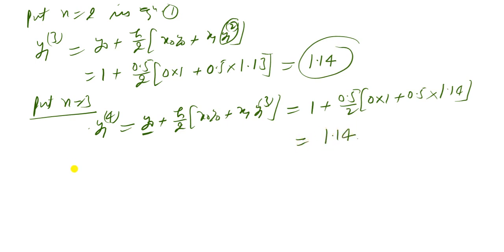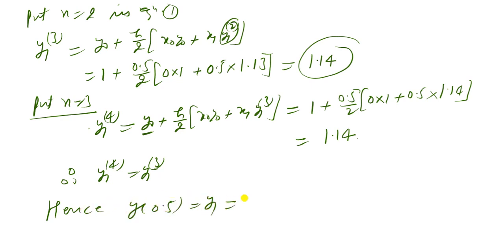Therefore y1 4 is equal to y1 3. So both approximations are equal, hence y at 0.5, which is denoted by y1, is equal to 1.14.